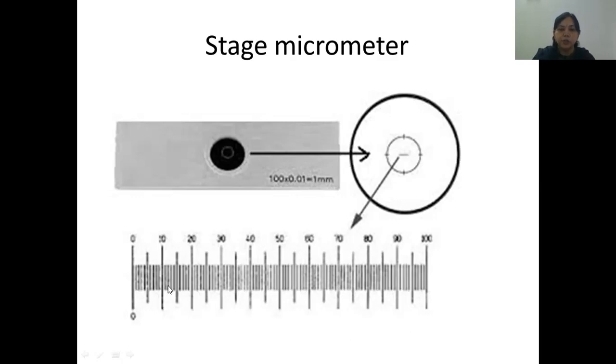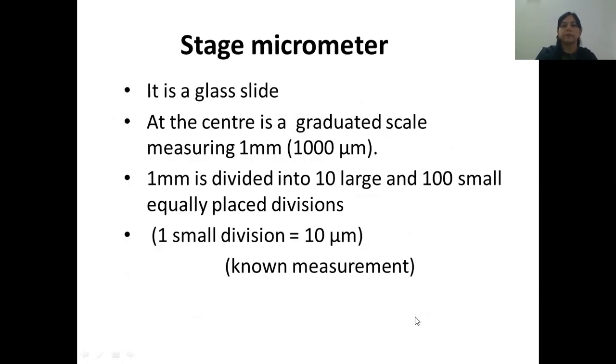It is divided into 100 small equal divisions and 10 large divisions. Now this division, from 0 to 100, is exactly 1 millimeter. So this scale is a 1 millimeter scale divided into 100 equal divisions. So it's a glass slide and at the center is a graduated scale measuring 1 millimeter.